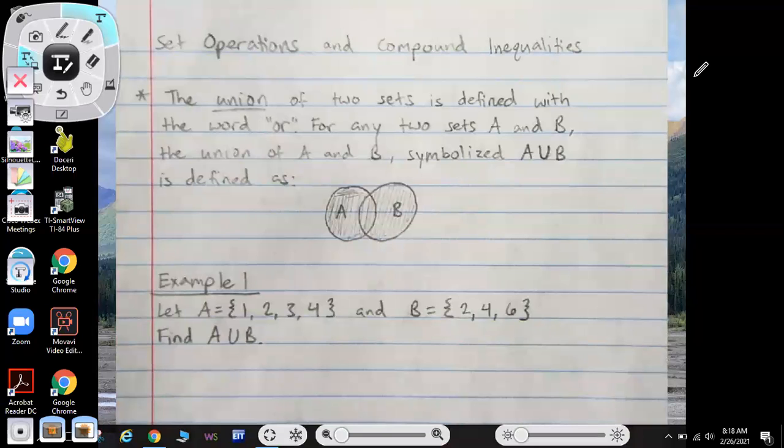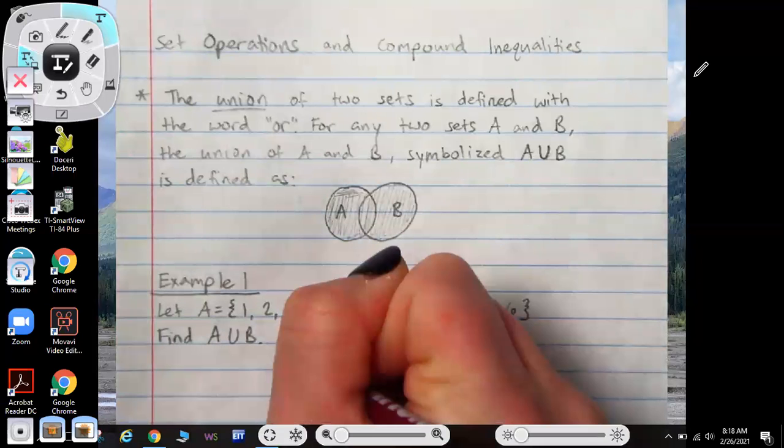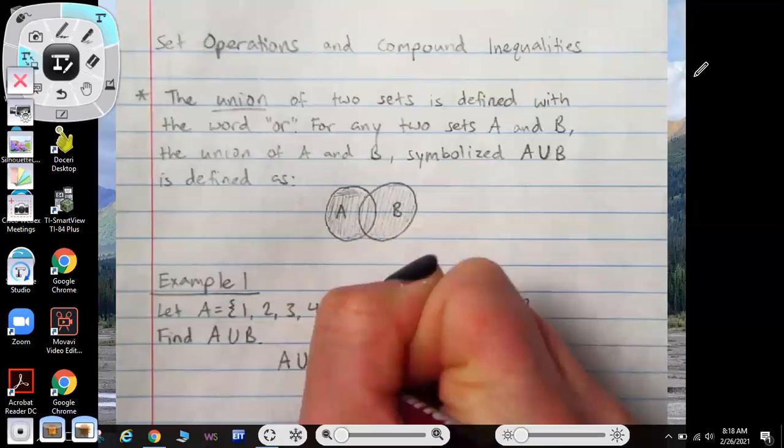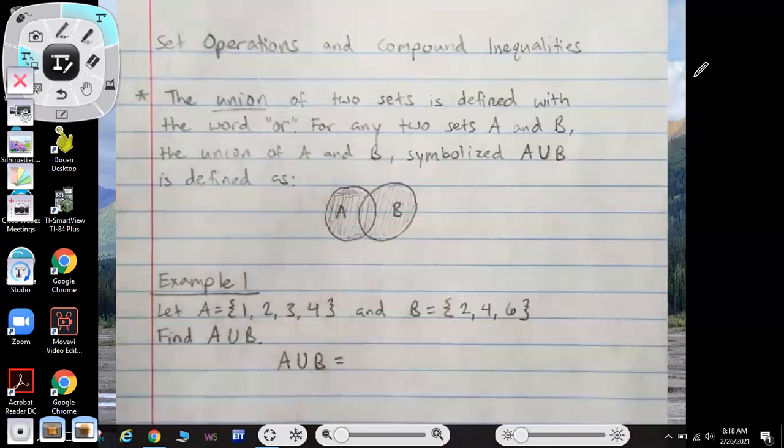Okay, example 1, set A has the numbers 1, 2, 3, and 4. Set B has the numbers 2, 4, and 6. And we're asked to find A union B. So the union of A and B is all the numbers.